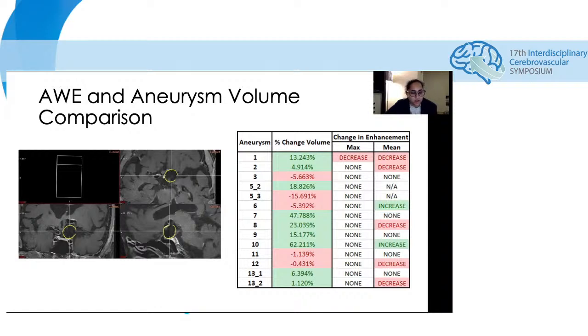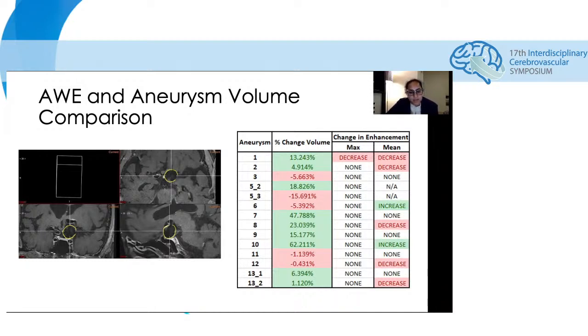We've drawn an ROI around the aneurysm wall, and from that we can grab the max and mean intensity values and normalize those values to the pituitary stalk to quantify the enhancement in the aneurysm wall. So we have two calculations, one for CR stalk max and one for CR stalk mean, or our contrast ratio normalized to the pituitary stalk.